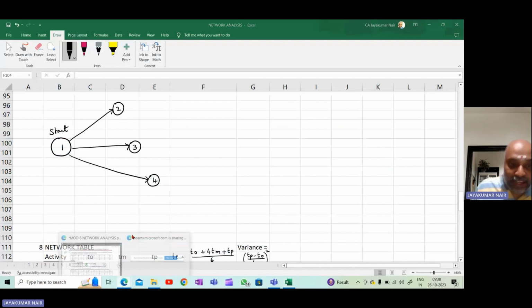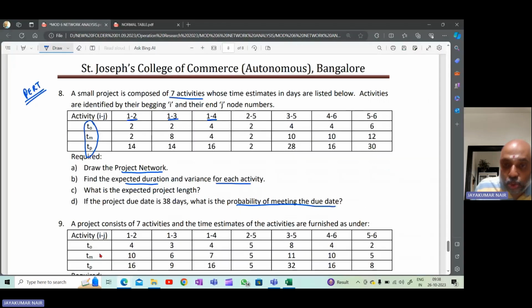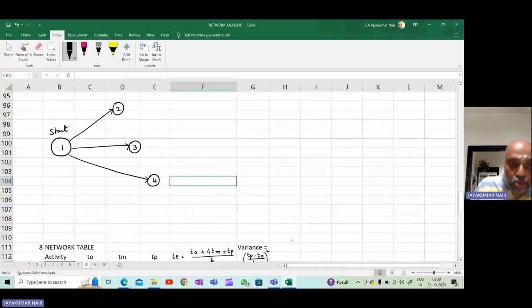Now, what is the next one? 2-5 and 3-5. So 2-5 is here, and the next one is 3-5, which is another activity.